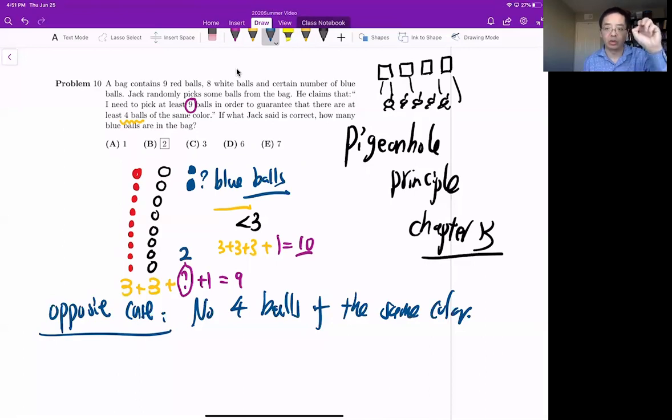So if you draw 8 balls, you cannot guarantee 4 balls of the same color. But if you get 1 more, you'll get 4 of the same color, either red or white. So the conclusion is 2.